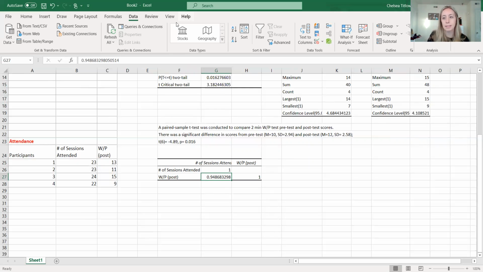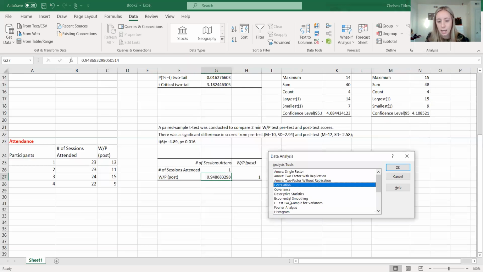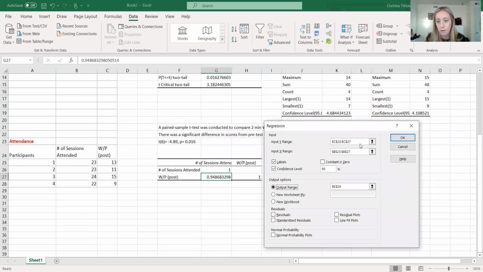To do so, back to data analysis, and then down to regression. For the Y range, you actually want to go to the outcome first, so the post-test, and then the X range, the number of sessions attended. You want your labels checked off, and the confidence level should be at 95%.